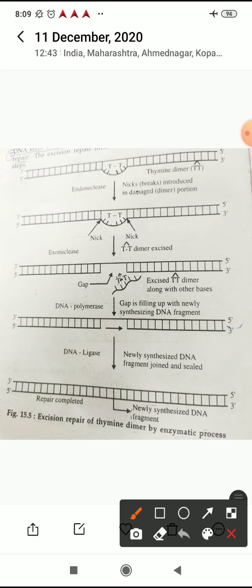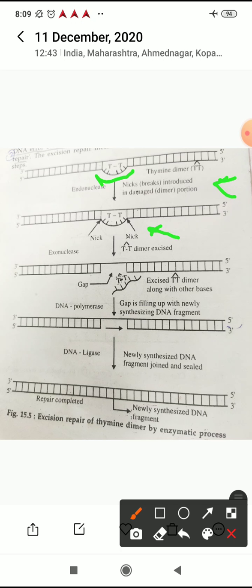So here you can see in the first figure the formation of the dimer in the DNA due to extreme sensitivity to ultraviolet radiation. Now when these sensitive cells are kept in dark, what happens?